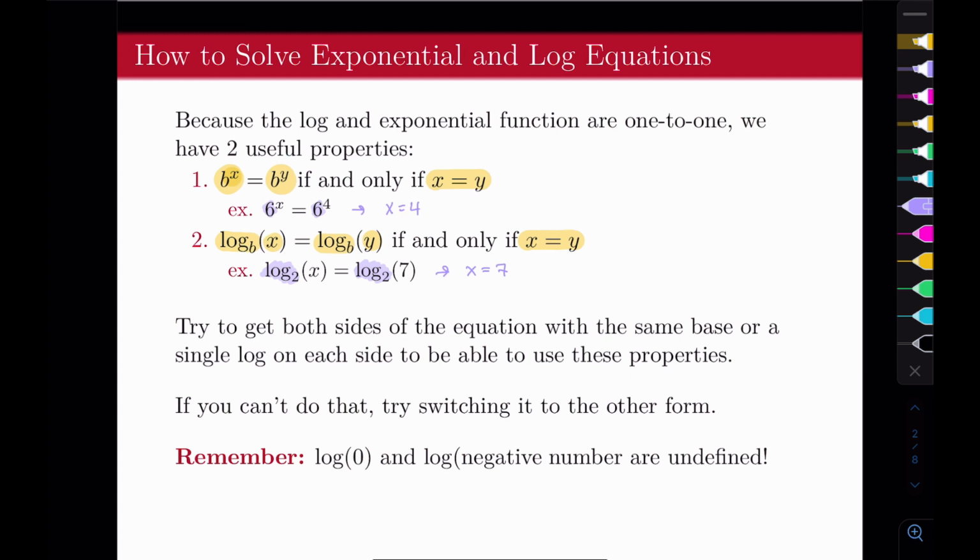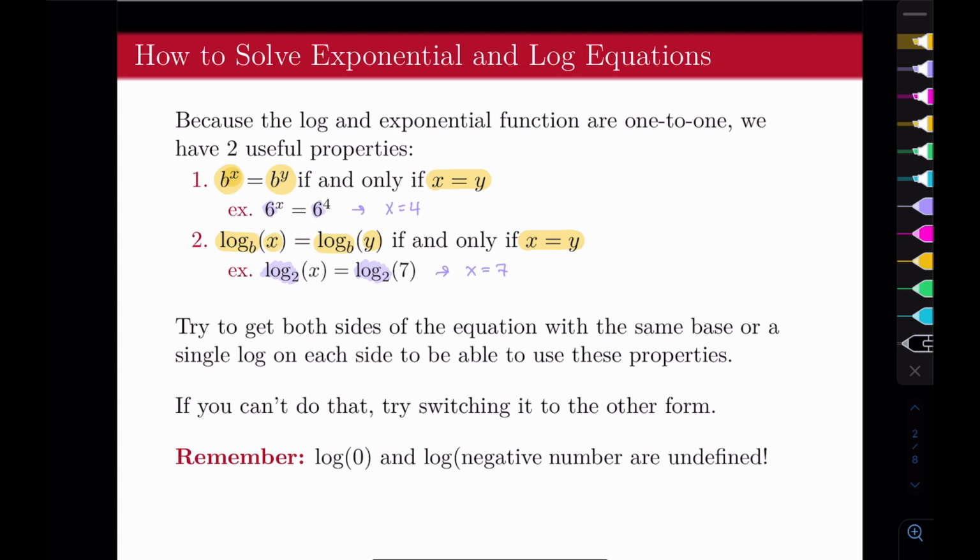So when you're dealing with an exponential equation, your first goal is to try to write things with the same base and then set the exponents equal. Or if I can get the same log on both sides, then I can set the insides equal.